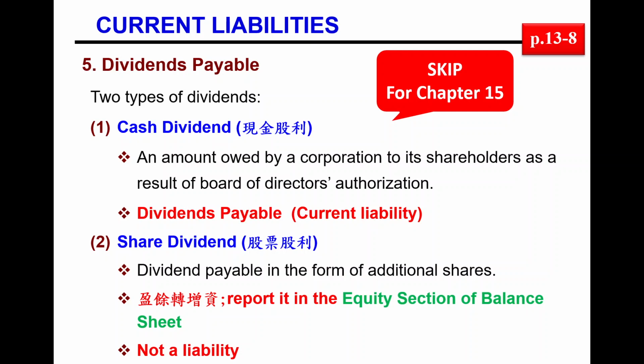Why is it not share dividends? Anyone? Dividends payable is only for cash dividends, not for share dividends. Why? If I use the journal entry, it will be: debit cash dividends, credit dividends payable.